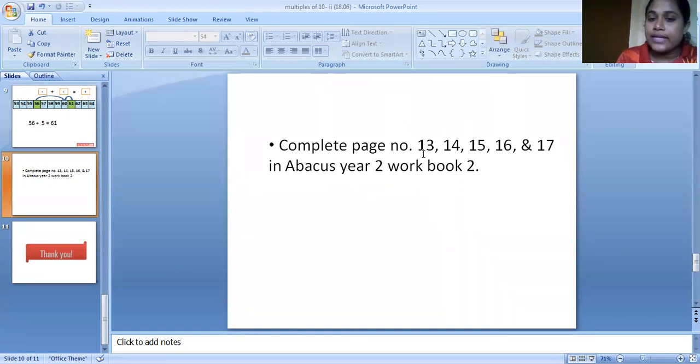So please complete page number 13, 14, 15, 16 and 17 in Abacus Year 2 Workbook 2. No need to complete all the things because I have already explained something in this video. You can do those examples with me and also you have to complete the balance. Try to complete these pages.